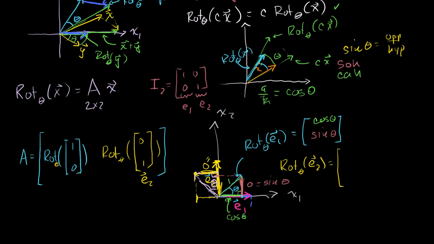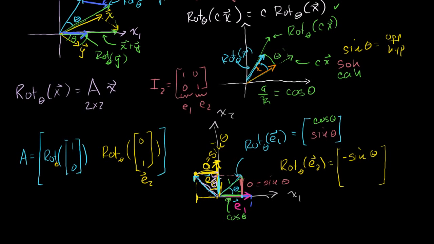So the sine of this angle is equal to this opposite over the hypotenuse. The hypotenuse has length 1, because these are the standard basis vectors. So this is equal to the sine of theta. Now, this distance is equal to the sine of theta, but it's going in the negative direction. So it's going to be equal to minus sine of theta.